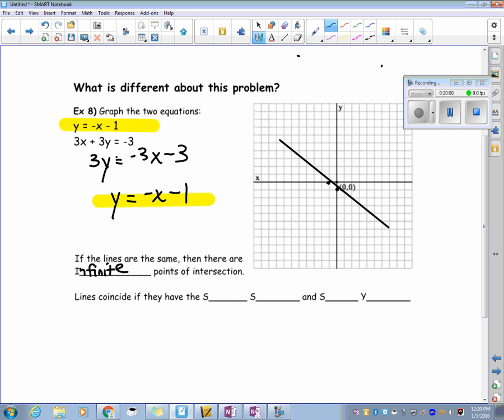Lines coincide if they have the same slope and y-intercept. Okay? All right, that's going to do it for our notes. I know there's a couple more things down at the bottom. What I want you to do is to answer those two questions and see if you can answer them without graphing.